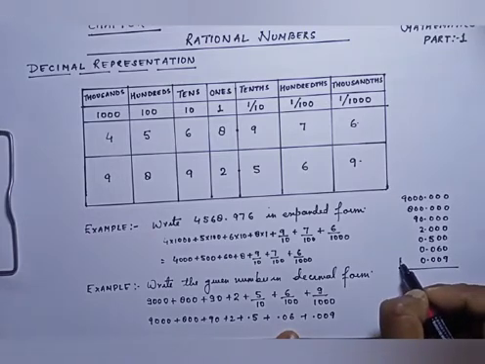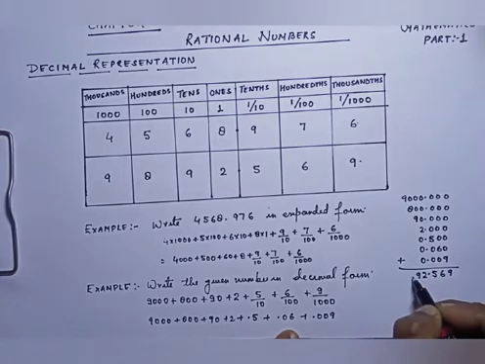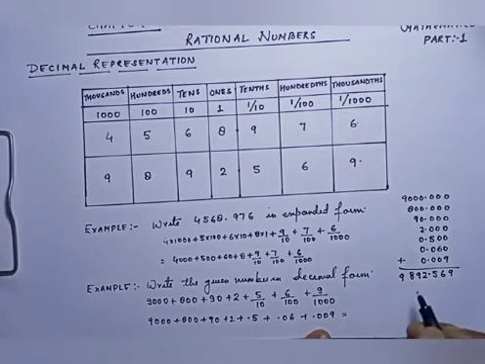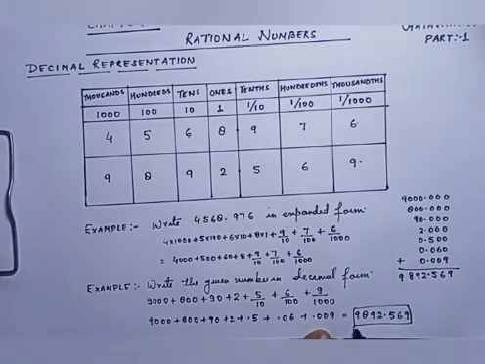Now we are going to add it. So the decimal form will be 9892.569. This is the decimal form.